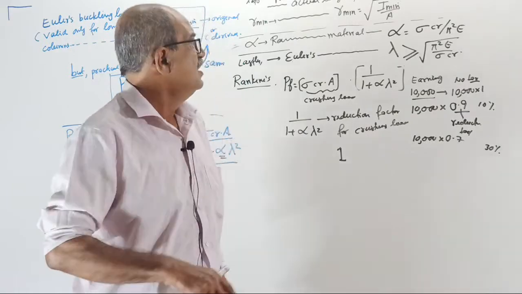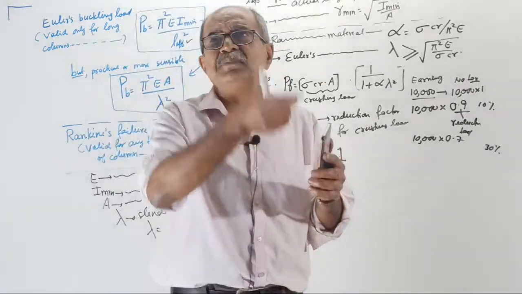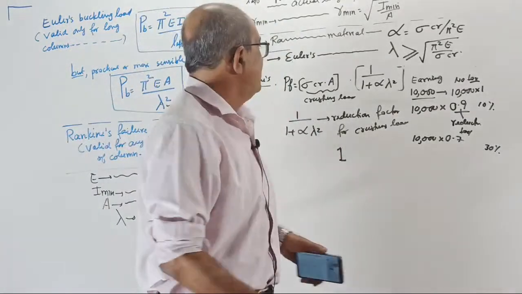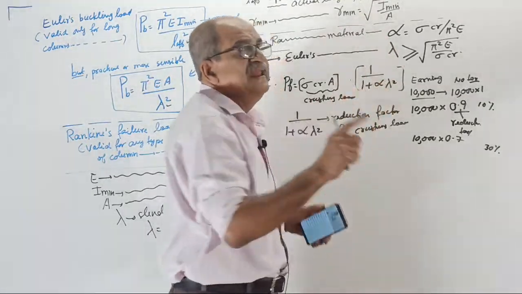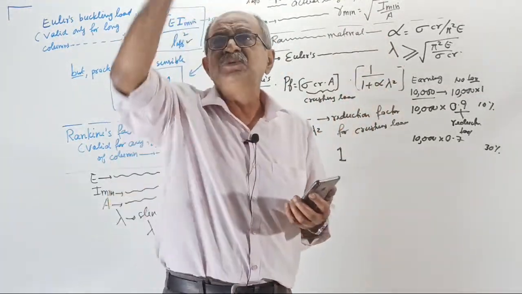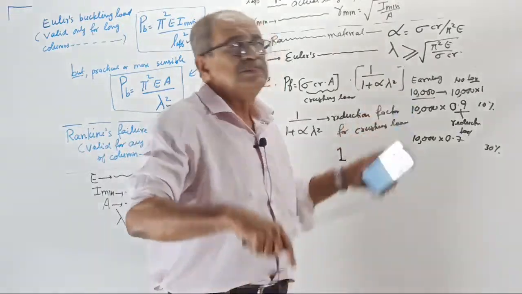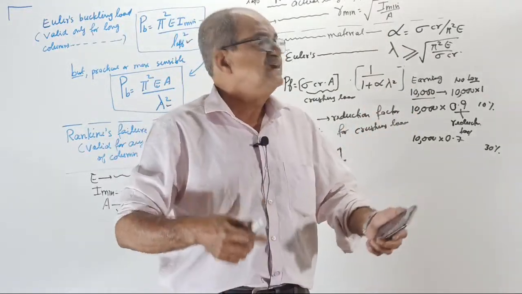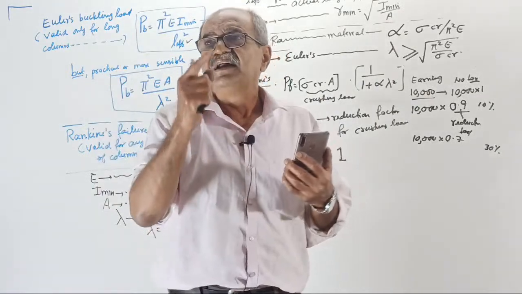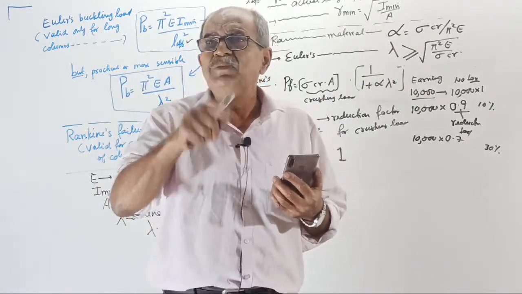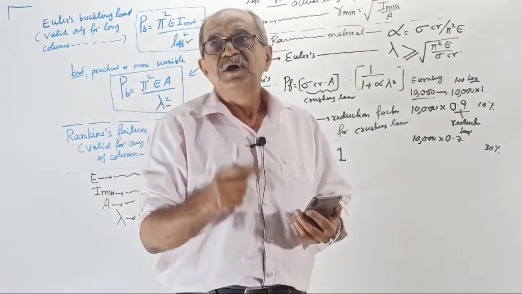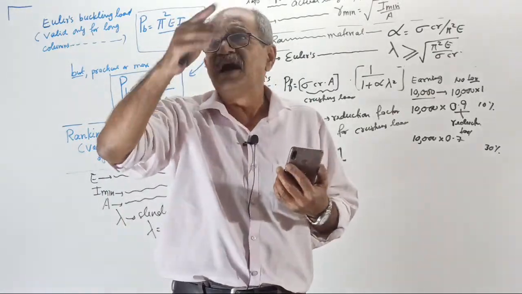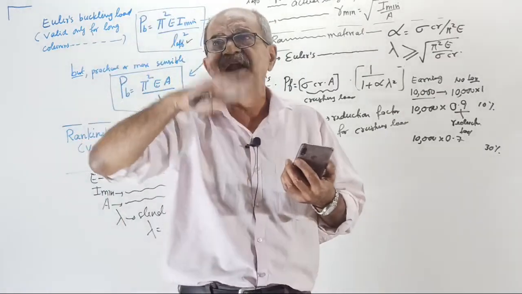Extremely short. So, as the column becomes longer and longer, that is, as lambda increases, strength will decrease. When strength decreases, reduction will increase. But reduction increases means reduction factor will become lesser and lesser.